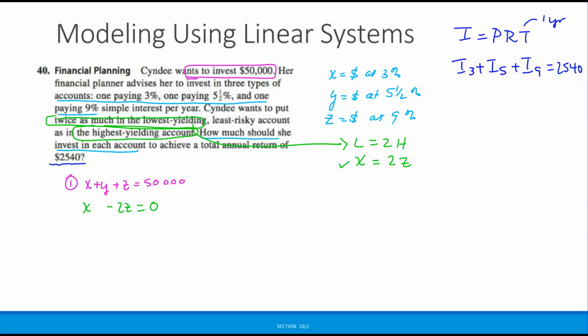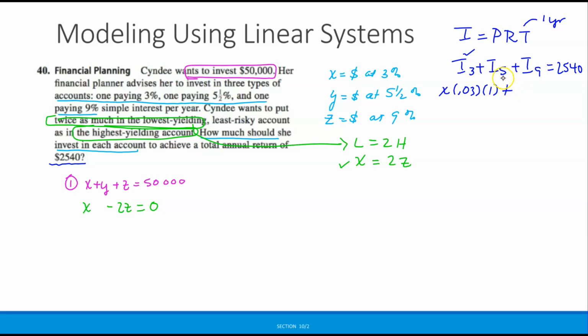In terms of our variables, interest at 3%: principal, which is X, times rate, which is 3% turned into a decimal, times time, which is 1. There's the interest from the first part.